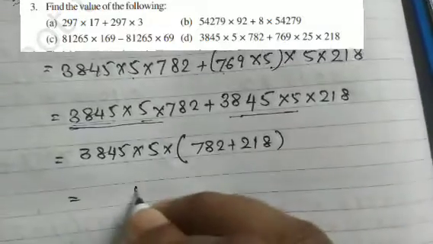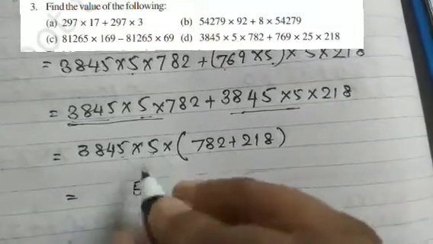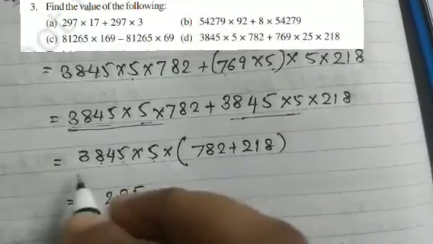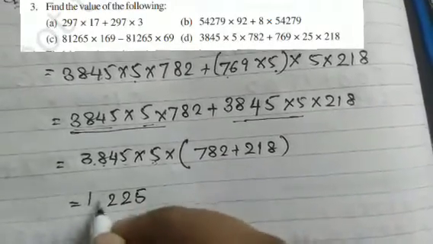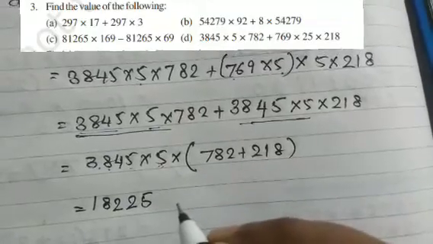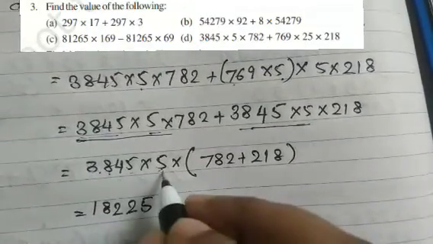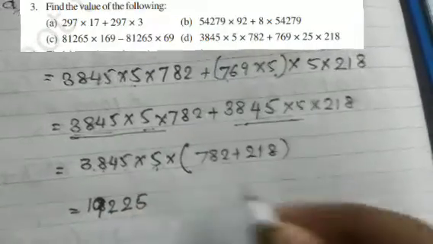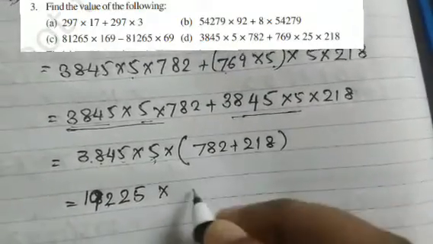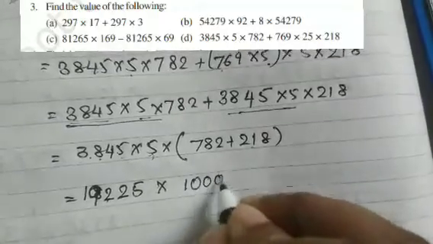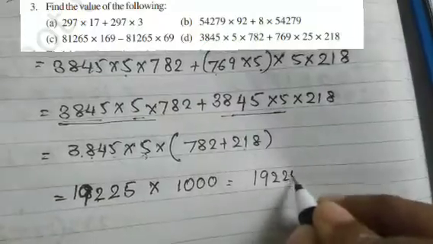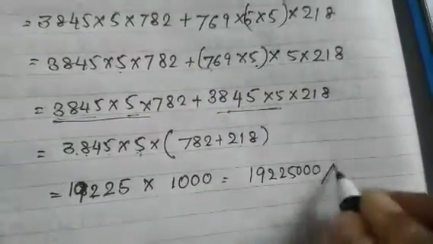Presently 5 5s are 25, carry 2, 5 4s are 20 plus 2, 22, 30 plus 2, 32, 3 5s are 15, 18. 8 5s are 40, 42, 19, sorry, 19225. Into, if I add this, it will be 1000. You can add it and check it up. So this is equal to 19225, 3 zeros.